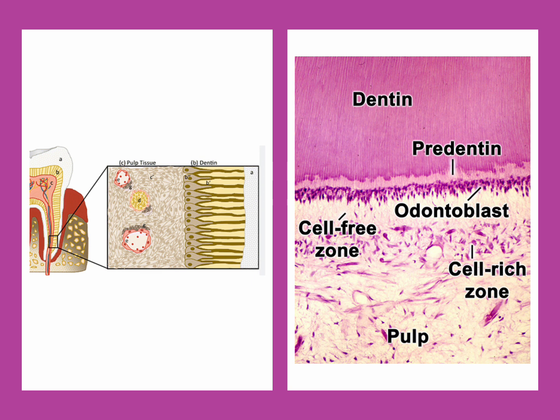Remember, we discussed earlier that when we take a section of dental pulp, we will see on the outer surface a layer of odontoblasts with loose connective tissue underneath.